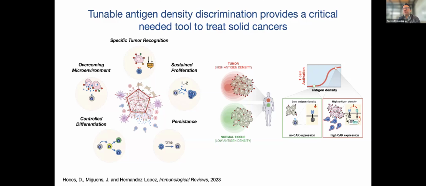So if T cells encounter cells that have low antigen expression, there is no CAR expression and therefore no killing. And if these T cells encounter cells that express high levels of the antigen, that results in robust CAR activation and proliferation that overall gives you this sigmoidal response. And the tunable antigen density discrimination is a powerful tool to continue using an approach like engineered T cells in the context of cancer.